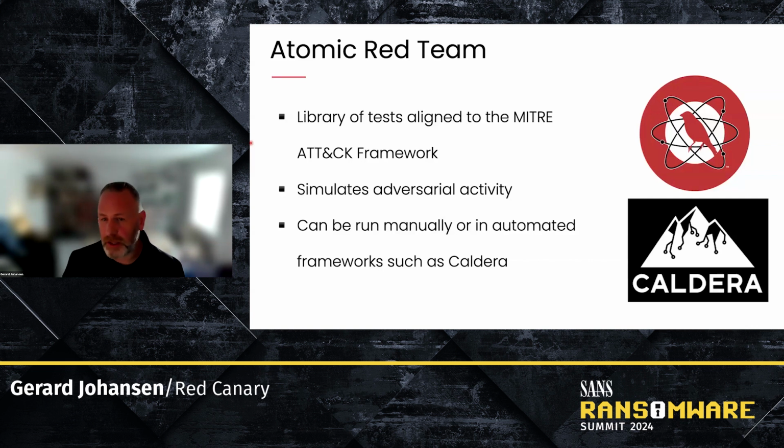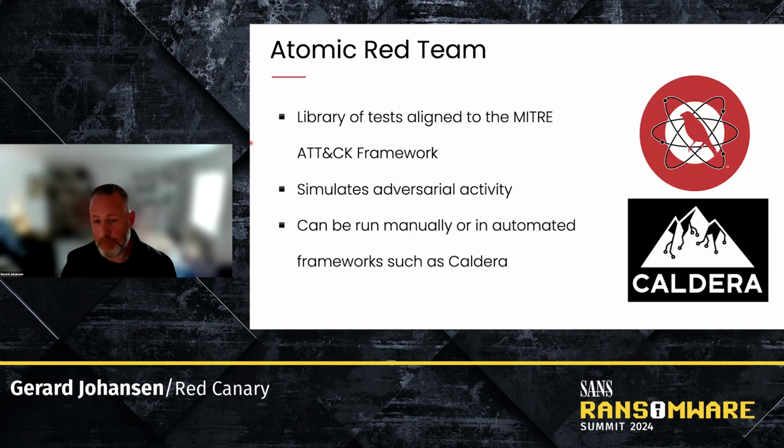This is going to simulate adversarial activity. And I say simulate and not 100% real. There's still some variance, and it's understood that this is a variance. We're getting as close to the real thing as possible without encrypting our network. But from a cost perspective and a level of effort perspective, it's a very good solution.